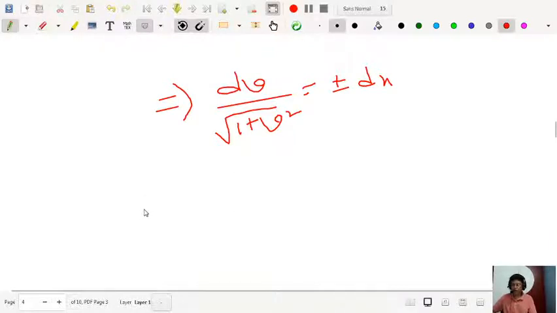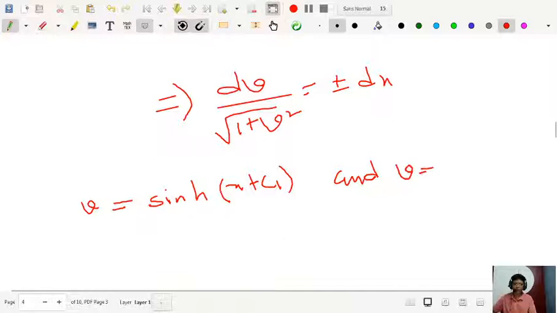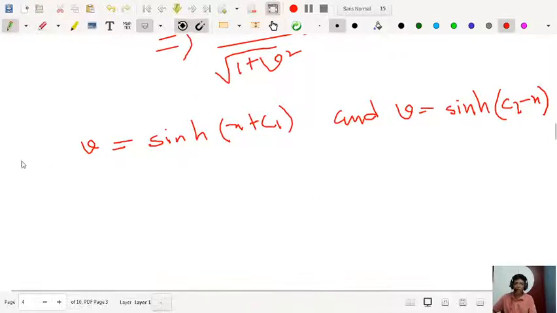of this form, right? If you take the plus sign, you have a solution. If you take a minus sign, you have a solution. So you have a solution of the form v equal to sine hyperbolic (x plus c1), and v equal to sine hyperbolic (c2 minus x). I am taking a hyperbolic substitution. Okay, you can check that. What is the combined general solution?